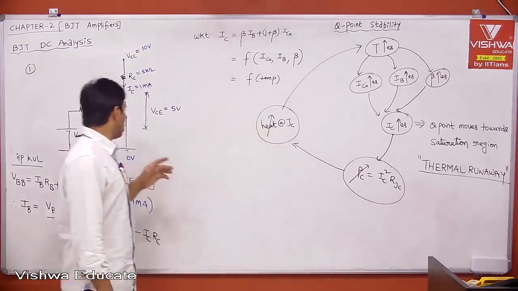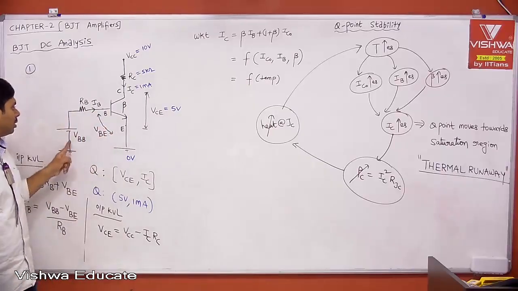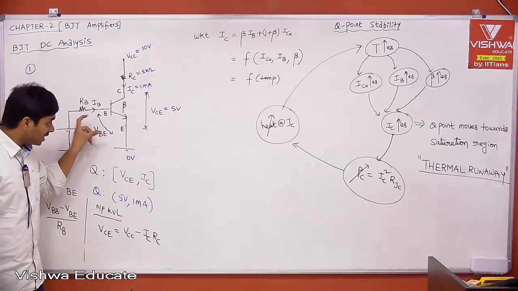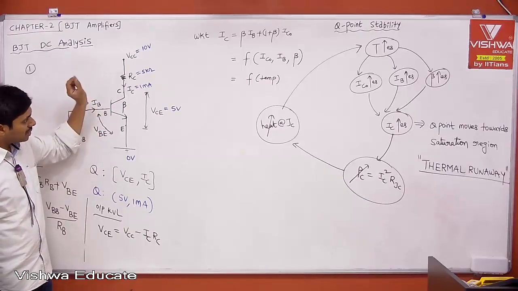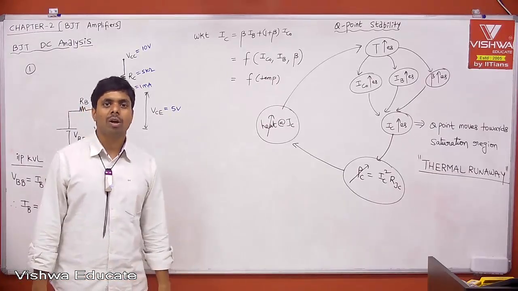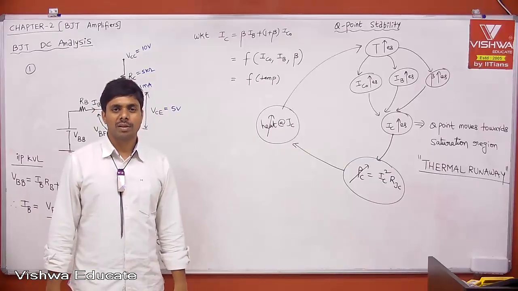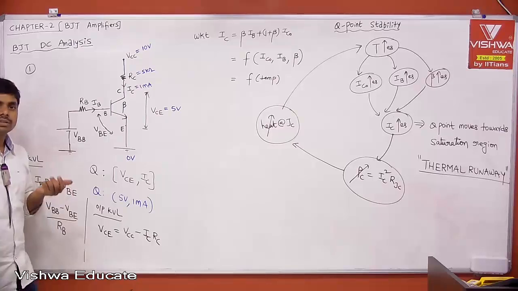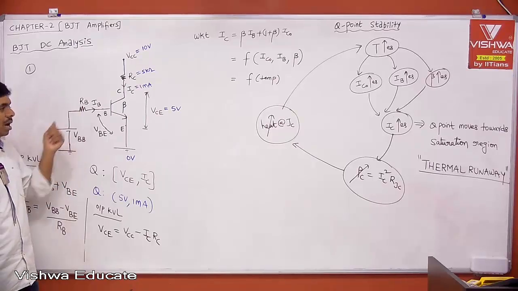Therefore whatever VBE you are applying or you are getting through VBB and RB, right? And that VBE, if you can adjust to control your IC, then problem is over. Then you will not see Q point movement. Then Q point will be almost stable, right? Now, but in this case, your VBE is fixed because of VBB and then RB.